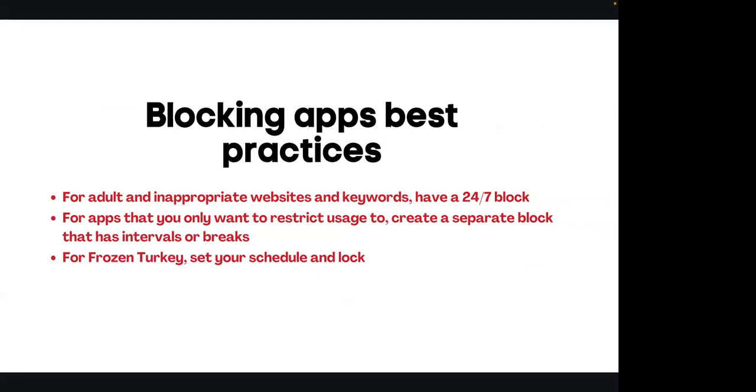Okay, so any question on Cold Turkey in particular, or it's clear for now? Yeah, I have a question. Okay, shoot. It's generally about both the Android and the laptop. Sometimes people browse in incognito.